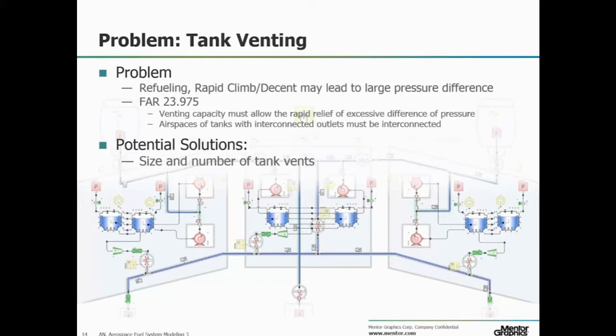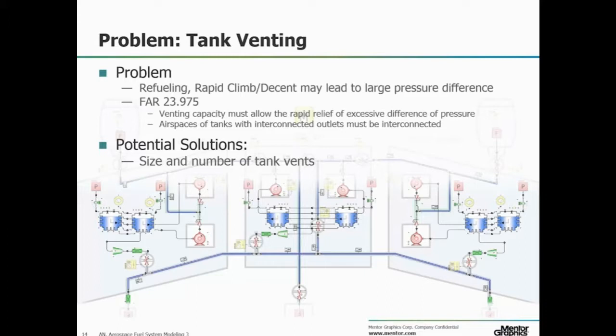In addition to refueling, when an aircraft rapidly climbs or descends, the atmospheric pressure outside of the aircraft may change more rapidly than the vents can keep up with. The U.S. Federal Air Regulations, or FARs, dictate that the capacity of the vent system must allow for the rapid relief of pressure, and if there are interconnected tanks, which we happen to have in our system, their vent systems must also be interconnected.